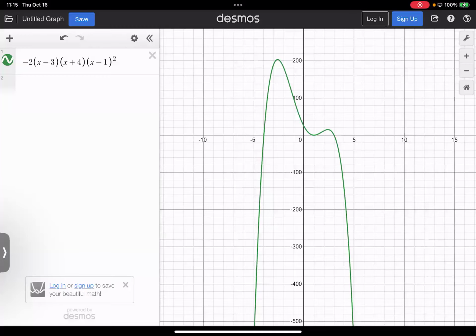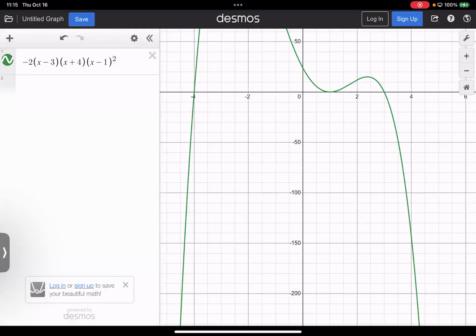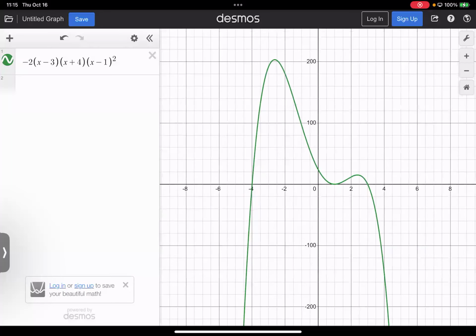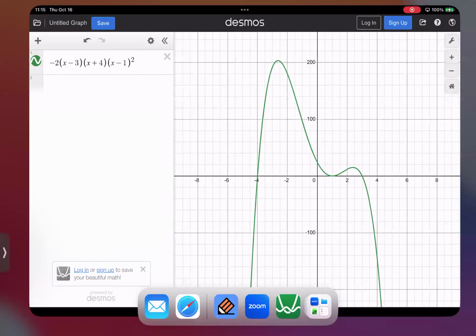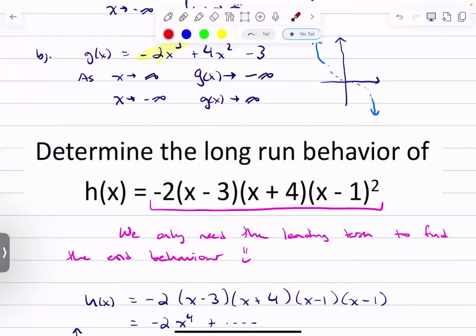Going down to negative infinity on both sides. But that's why I'm doing these dots in the middle, because we're allowing for some activity where it's allowed to go crazy and cross the x-axis and the y-axis and do whatever it wants. But the end behavior is the same as what we expected.